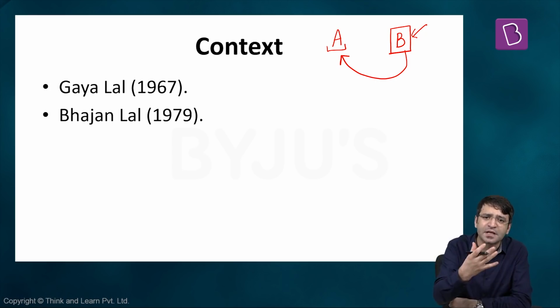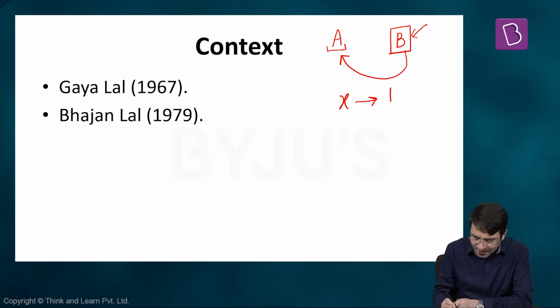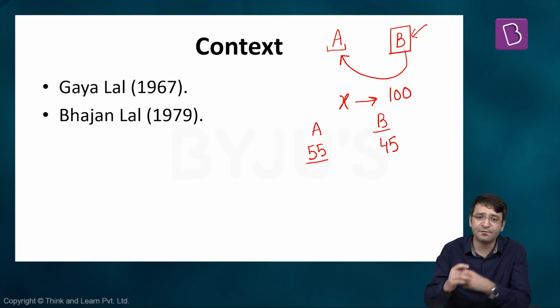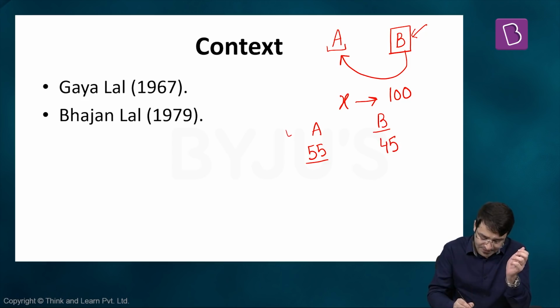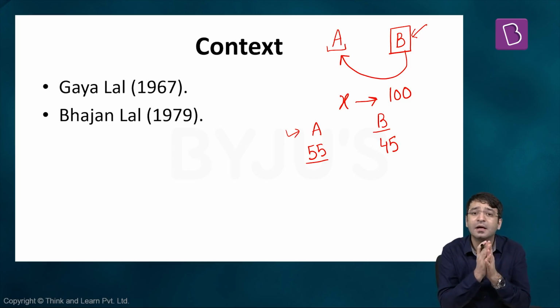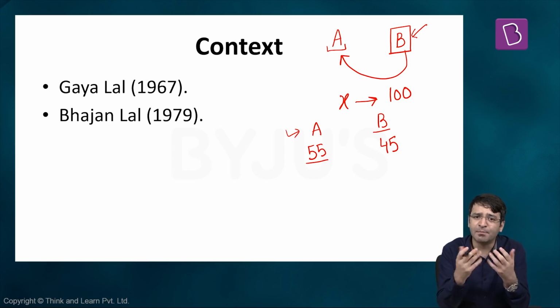Let me give you another explanation. Let's say, for example, there is a state X and the strength of the Legislative Assembly is 100. The results were announced. Party A was in a position to form the government by bagging 55 seats. Party B is short and it has only 45 MLAs. But in Party A, to which I belong, there are some individuals like me who are aspiring to become ministers. But we were not made ministers.